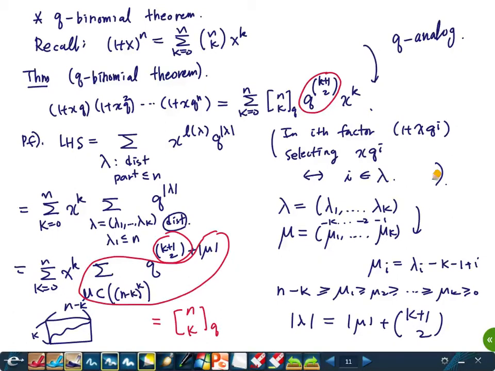All right, now I'm going to move on to the next section about inversions. Actually, we defined this before, but let me recall it for you. We have a permutation, pi 1 dot dot dot pi n.